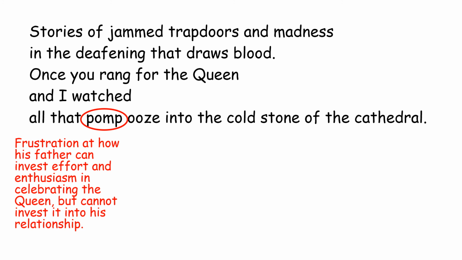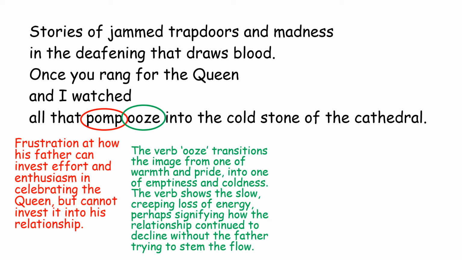The word pomp here evokes that warm imagery of passion and enthusiasm, and yet that changes into cold imagery as the line progresses. The verb ooze transitions this image from one of warmth and pride into one of emptiness and coldness. This verb shows that slow, creeping loss of energy, perhaps signifying how the relationship continued to decline without the father trying to stem the flow.